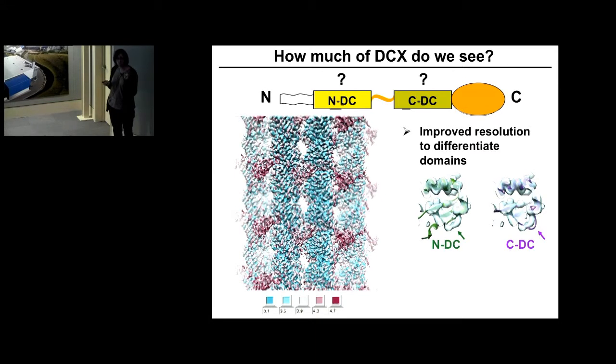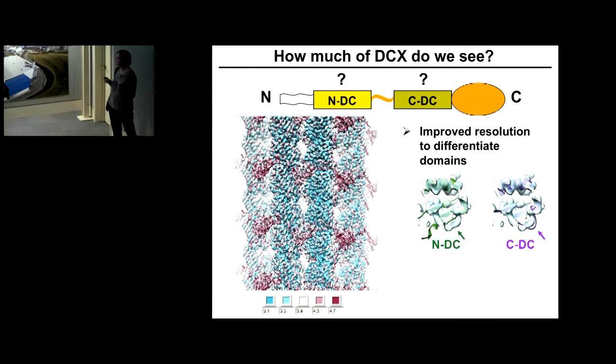We actually don't know the answer to that particular mechanistic question, but we can certainly see, if we compare structures of NDC, shown here in green, docked into this DC density, compared to CDC, shown here in purple, that although there are regions of very good match between the DC domain and our density, there's this loop region which is very different between NDC and CDC, and actually neither fits well in the density that we can now visualize, which suggests to us that we have a combination of both of the domains binding on the microtubule lattice.